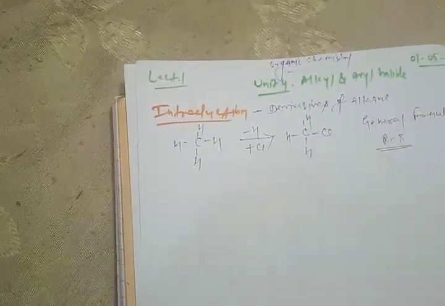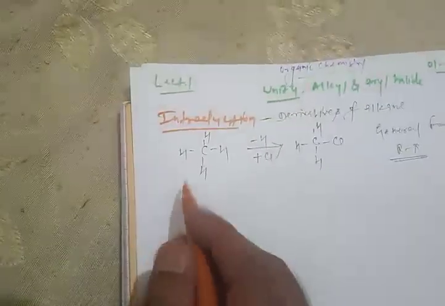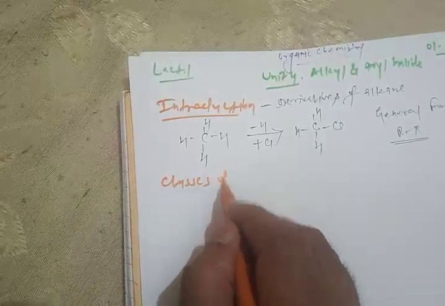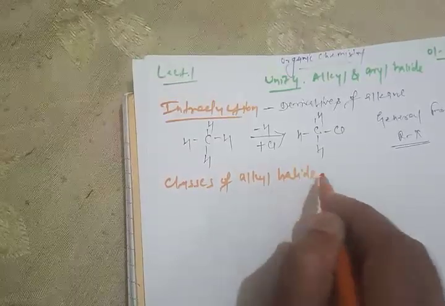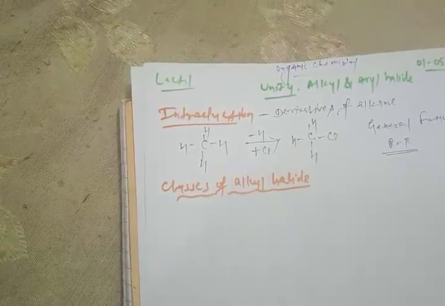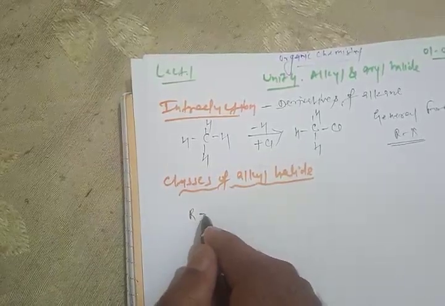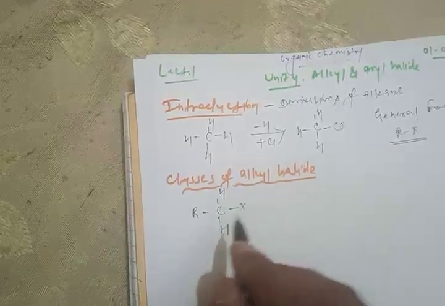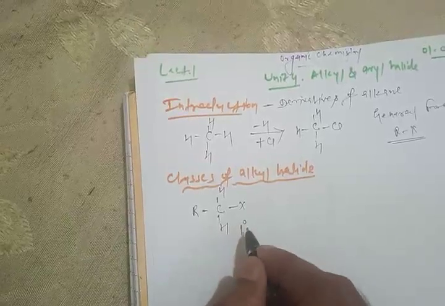Then the classes, or classification. The classes of alkyl halide are 1 degree, 2 degree and 3 degree. 1 degree is what? If you have R, then C, then H, connected with X, this carbon is connected with only one carbon, so this is a 1 degree alkyl halide.